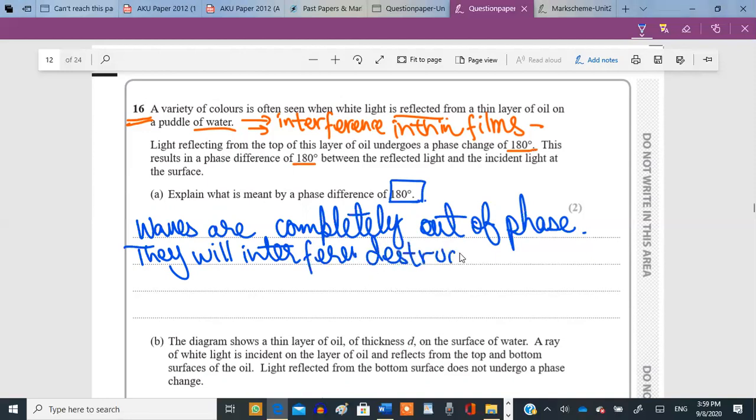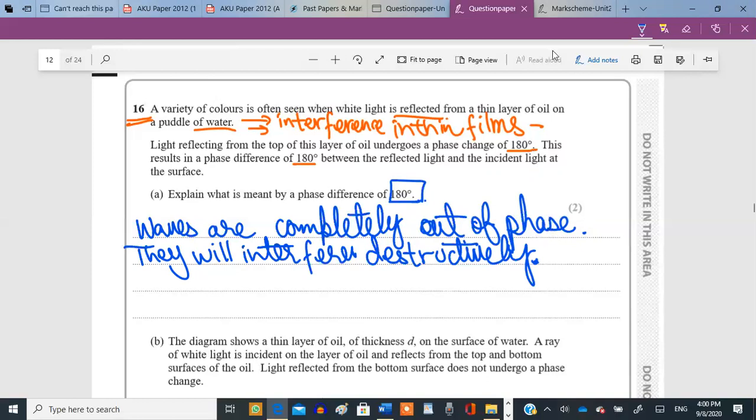Destructively means that the resultant wave is going to have an amplitude or displacement that is the difference of the two waves' displacements. If the two waves are a reflection of one another, then that means both the waves might cancel each other out.